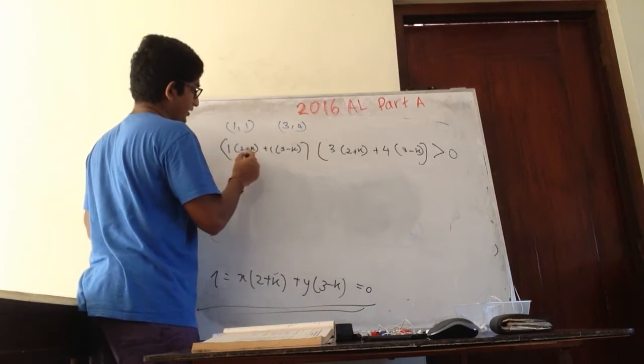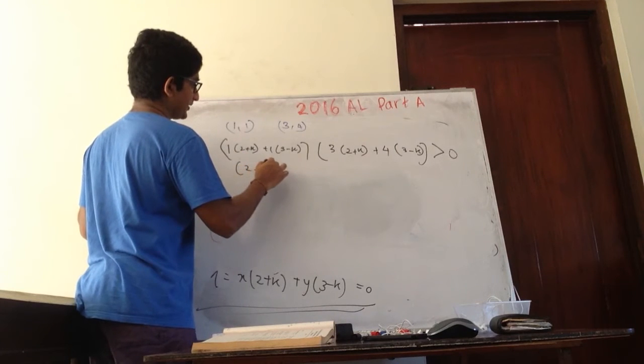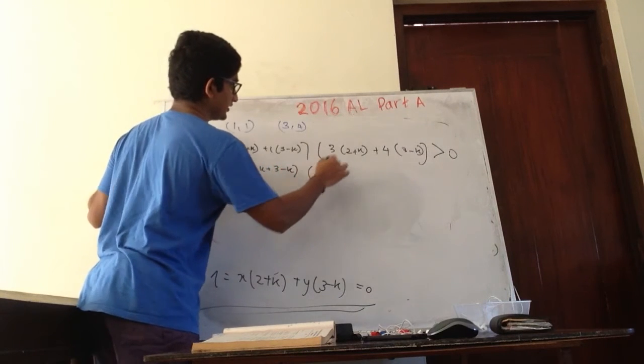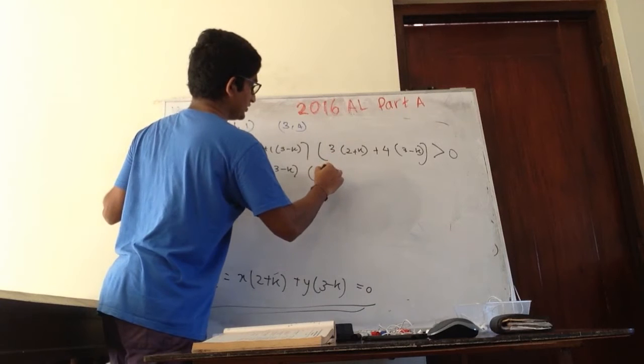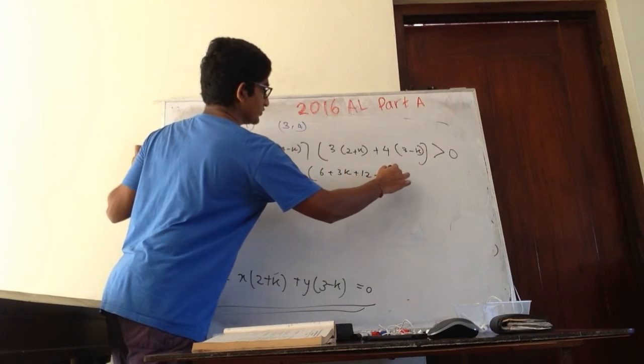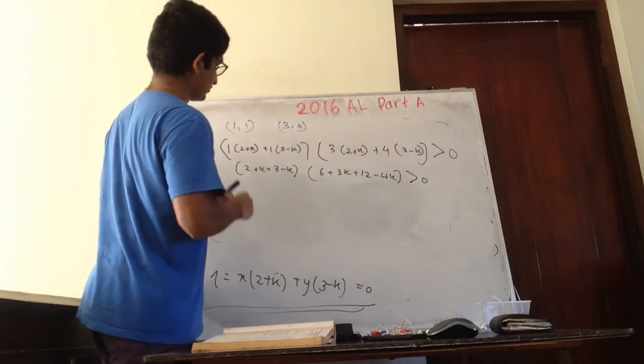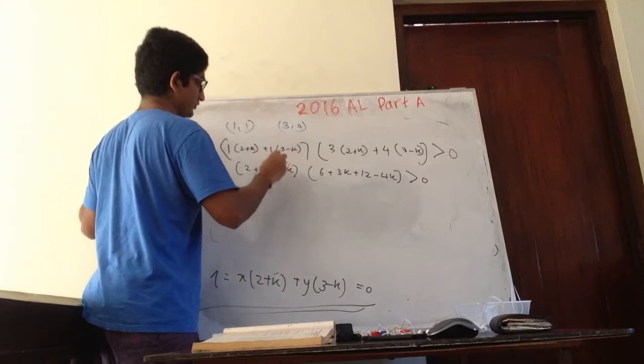So then this will be what? 2 plus k plus 3 minus k, this is going to be 6 plus 3k plus 12 minus 4k, 0. So these can be cut off.